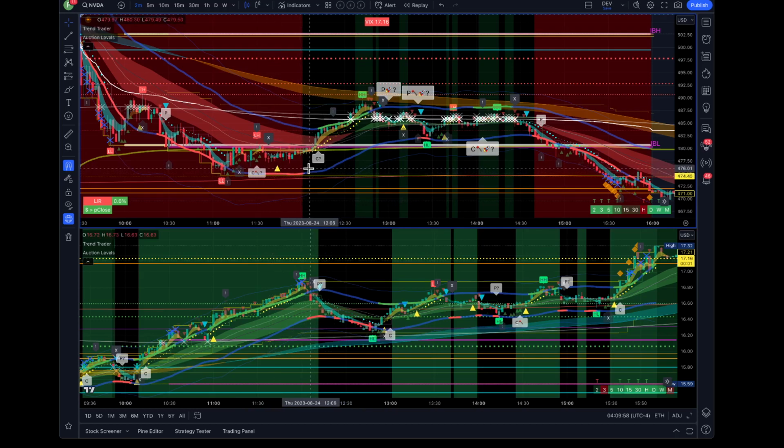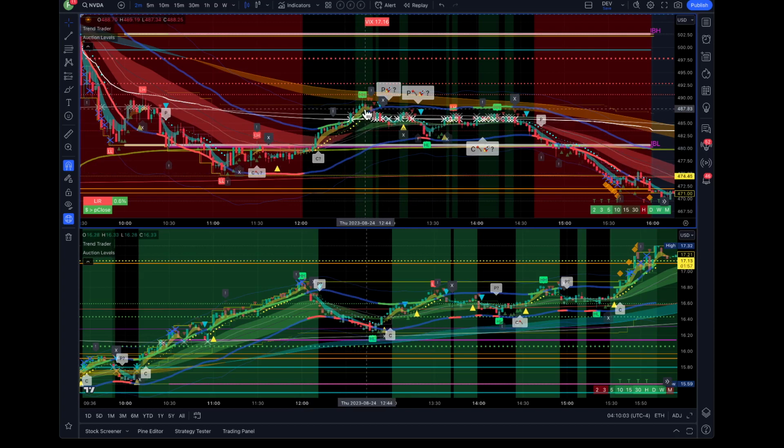When VIX dropped, NVIDIA went up, but we could see a beautiful rejection on EMA 34. This is the 34/48 EMA cloud, on the 10 minutes, even though we're on a 2-minute chart, and you can see the clear rejection. We said that for the trend to change on any ticker, it has to break through this EMA cloud. It has to get above the 48 EMA and it has to stay there.